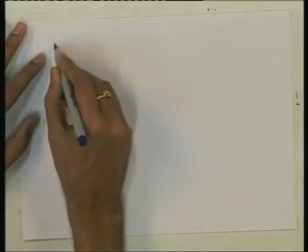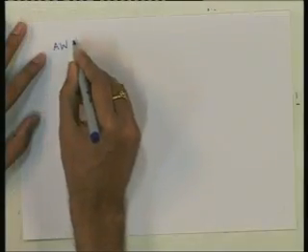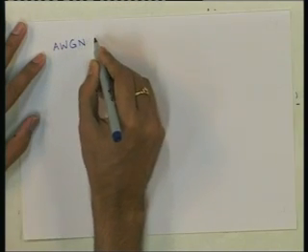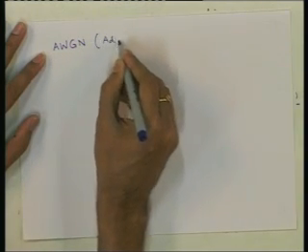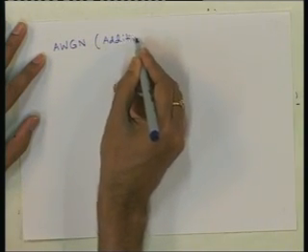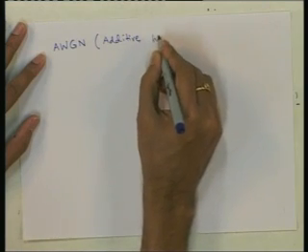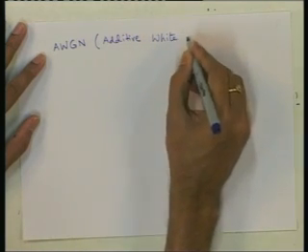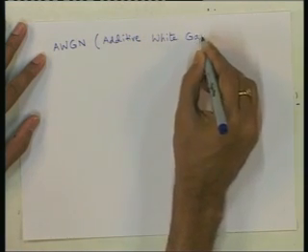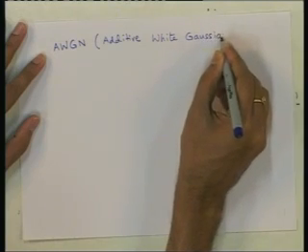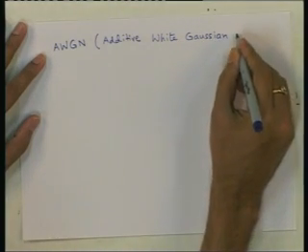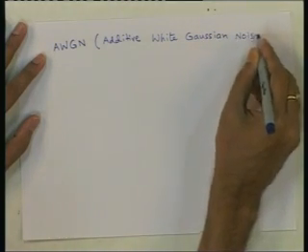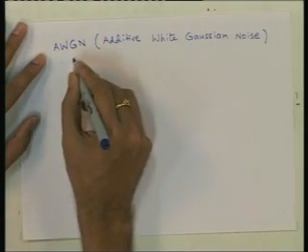So, the simplest model we will discuss is the AWGN channel, additive white Gaussian noise channel.